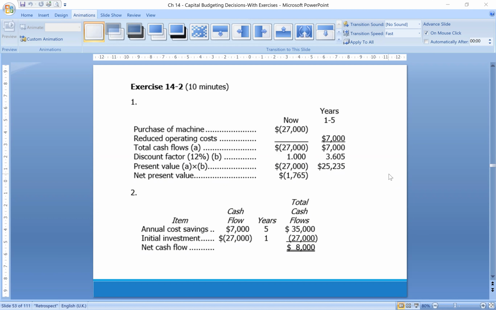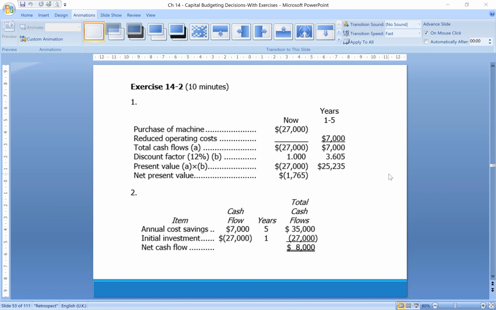So the 35 minus the investment, which is 27,000, and the difference will be 8,000. This is the net cash flows. Assume that we don't have any inflation or any time value of money, then the difference will be the total amount 35 minus the investment. Any question about that?